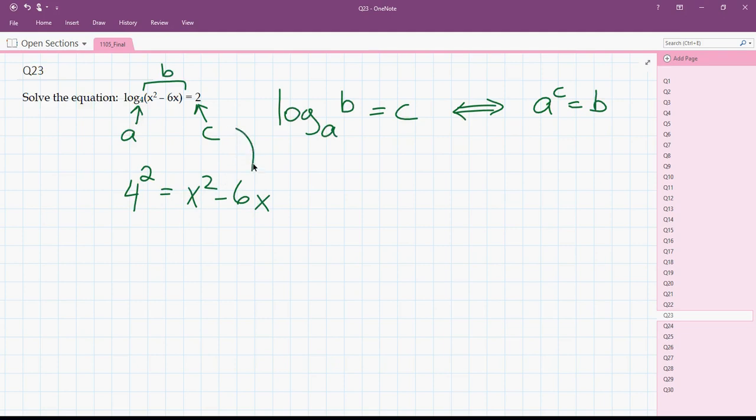These are just alternate forms. So I haven't actually done anything yet. I've just rewritten it in a more useful way without logarithms at all.